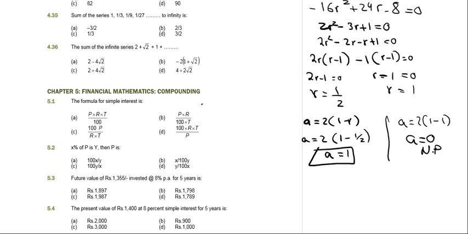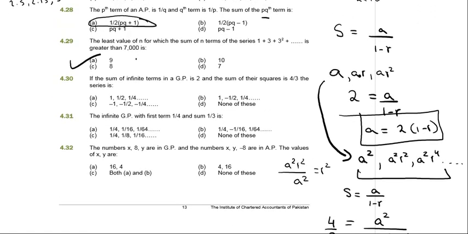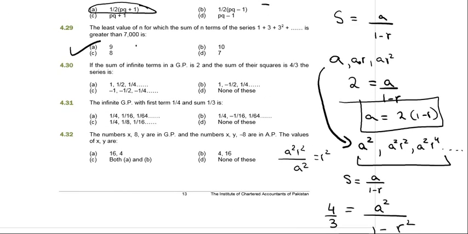So r is half and a is 1, and we were supposed to find the terms. Our a is 1 and r is half. So the terms will be: first term is 1, second term will be ar, which is half, third term will be ar squared, which is 1 over 4. Our answer to 4.30 is A.